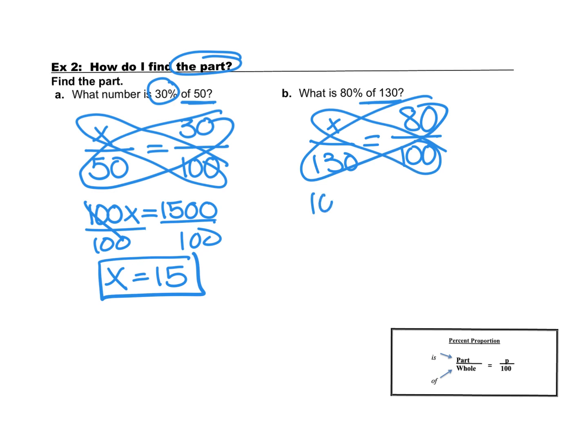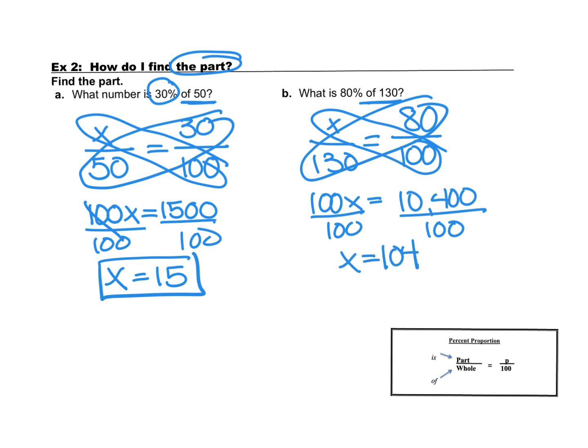I'm going to have 100x is equal to, and then we'll take 130 times 80, and we get 10,400, and then let's divide by 100. And so our x is equal to 104. And so 104 out of 130 is equal to 80%.